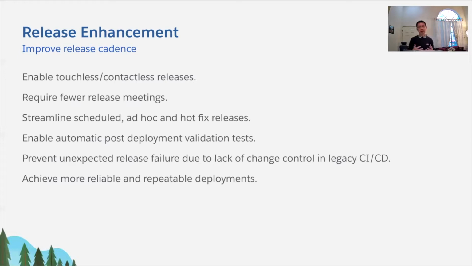With Spinnaker, we can define this in the Spinnaker configurations for application services and pipelines. Therefore, we not only reduce the number of meetings, we can also enforce these policies regarding dependency between pipelines, as well as permissions against service accounts or user accounts.